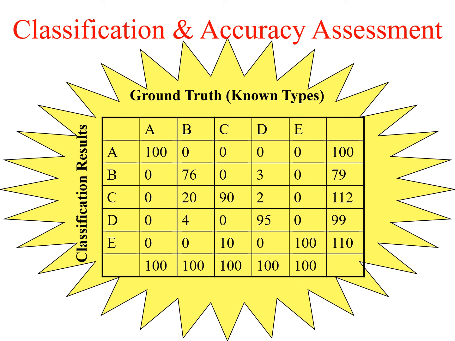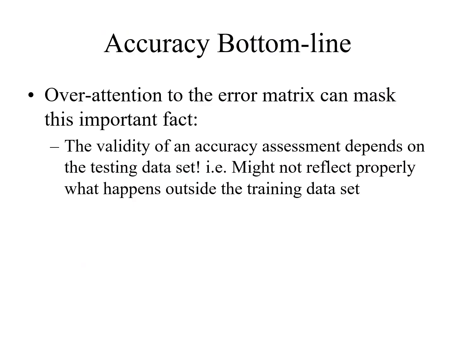So I put this slide here to remind you of one thing. We have this accuracy assessment table or contingency table, and you do all these calculations, and great, now you know what the accuracy assessment is. But one of the bottom lines, I would say, is that over attention to the error matrix can mask some important facts.